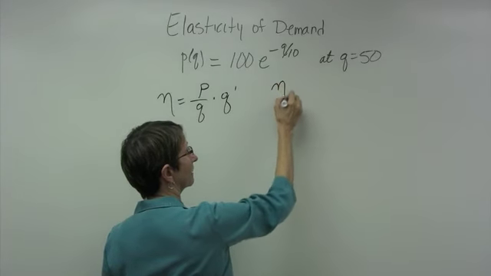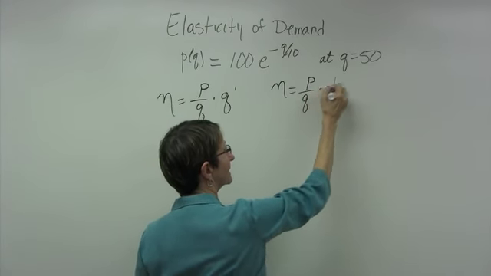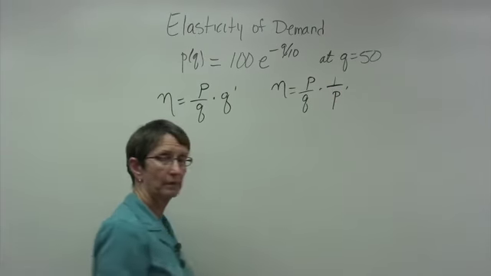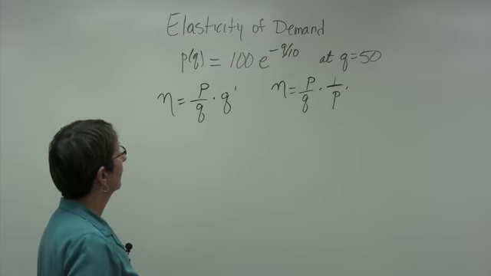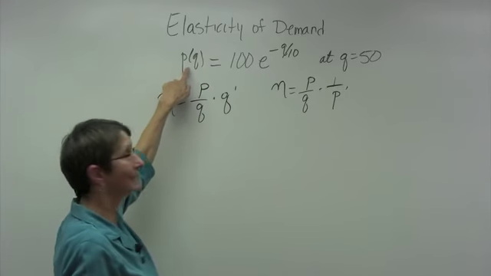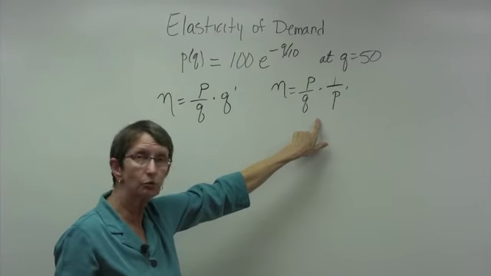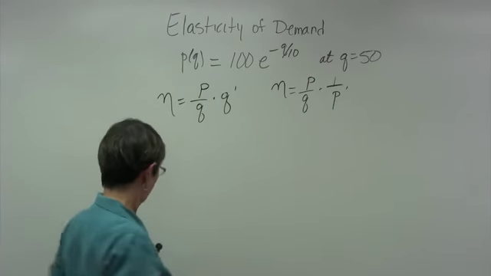And the other version of it was eta equals P over Q times 1 over P prime. Well, if I take the derivative of my demand equation, since this is P, I'll get P prime. So this is the rule that we will use.